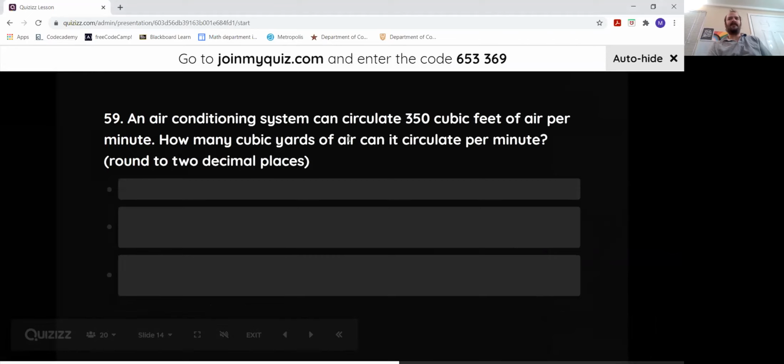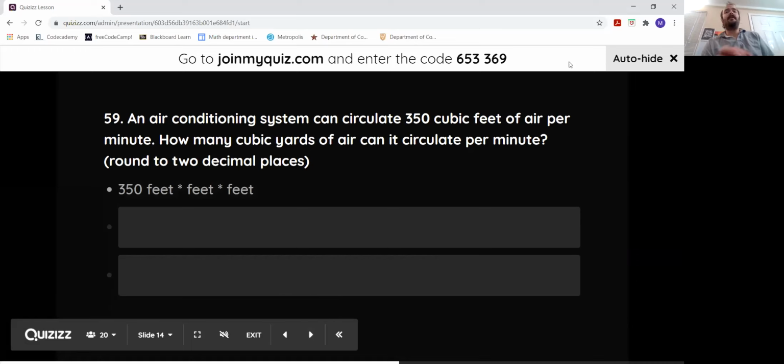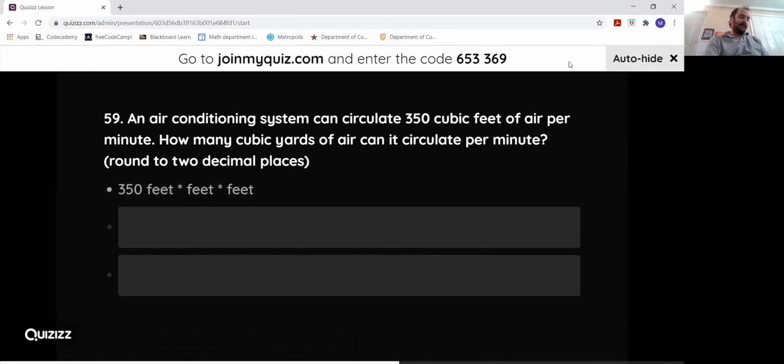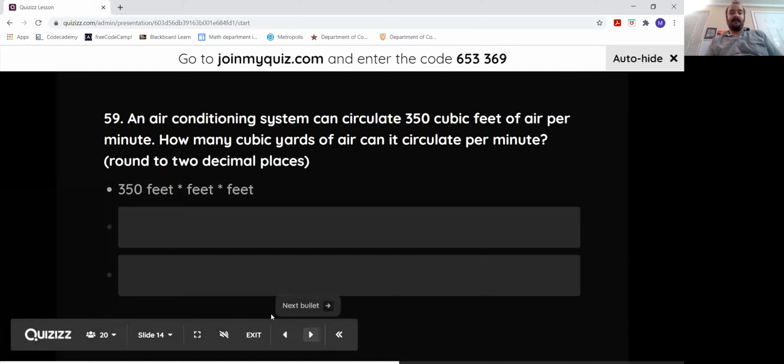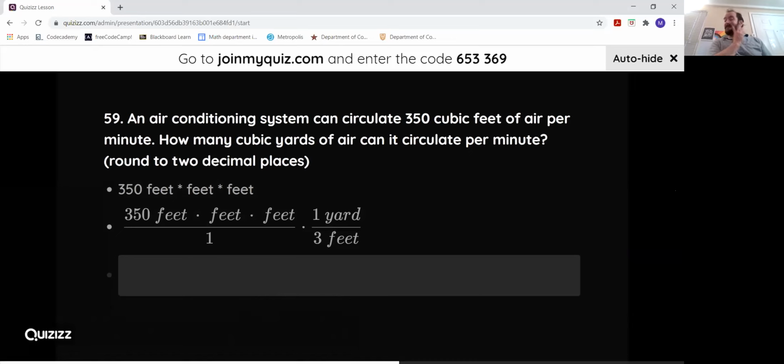So we know we have 350 cubic feet. If you don't know, write it out. Cubic feet means that we have 3 feet being multiplied. We know there is 1 yard for 3 feet, so we can write this fraction.